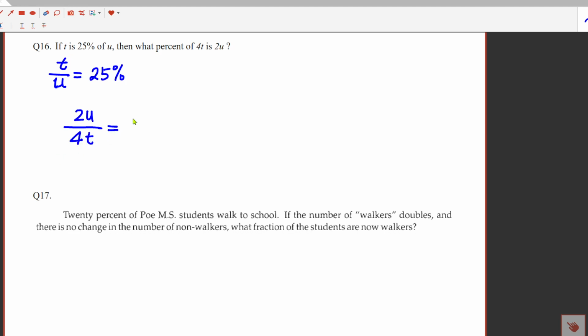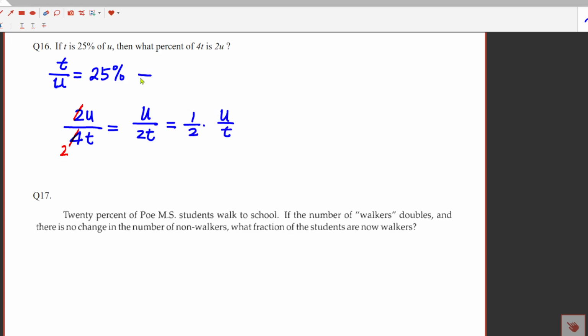So this equals, we can cancel a 2 here. This equals u over 2t, which is 1 over 2 times u over t.